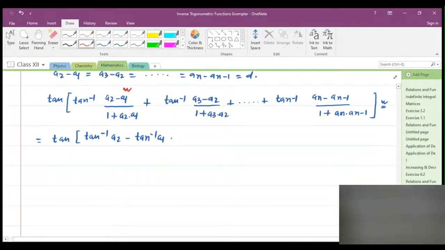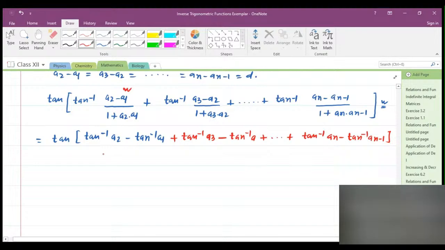Similarly, here will be tan inverse A3 minus tan inverse A2, and at last we have tan inverse An minus tan inverse An minus 1. Hope that there is no problem to understand up to this step.